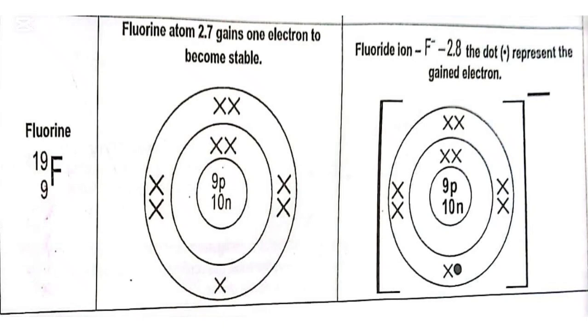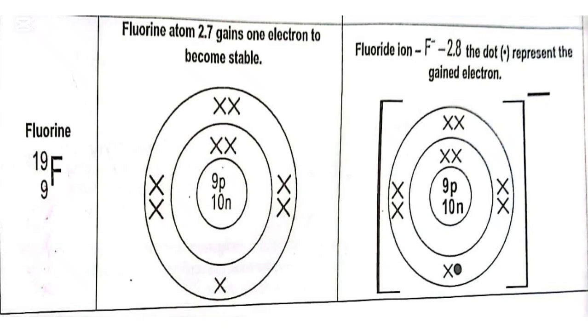In order to be stable, it requires 1 electron to attain a stability of 2.8, or lose 7 electrons to acquire a stability of 2. Now it is easier, or requires less energy, to gain 1 electron than to lose 7.